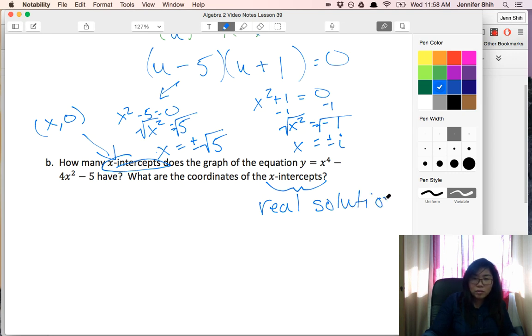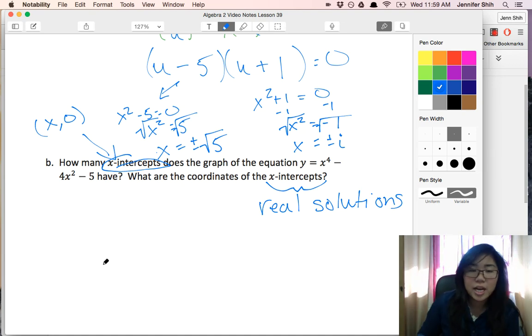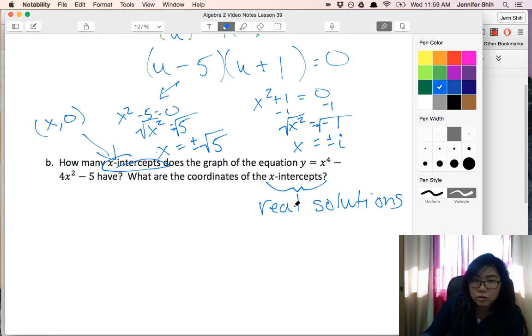Because when we graph our p of x, it's going to be on an xy plane. We're not graphing it on the complex plane. So our real solutions, this i is not real, this is real, are going to be our x-intercepts.